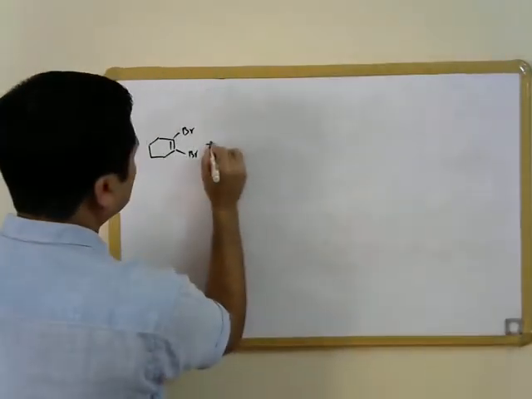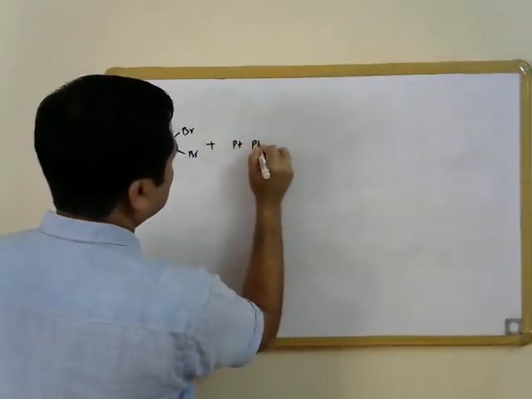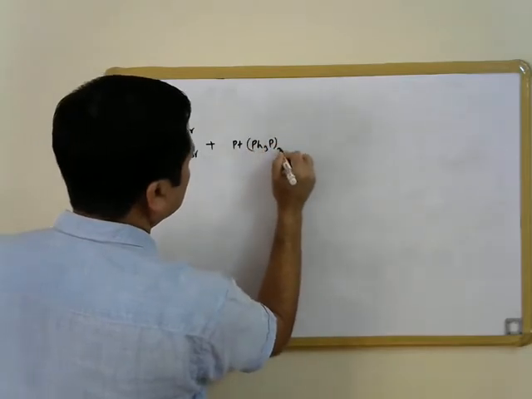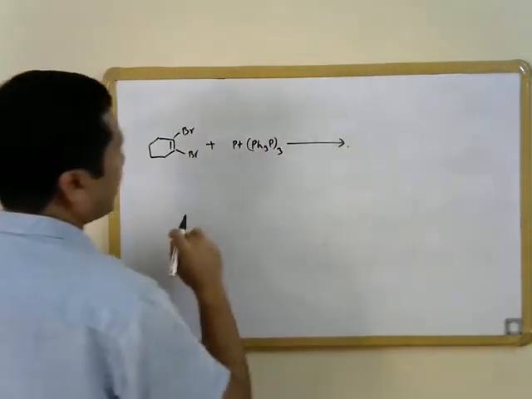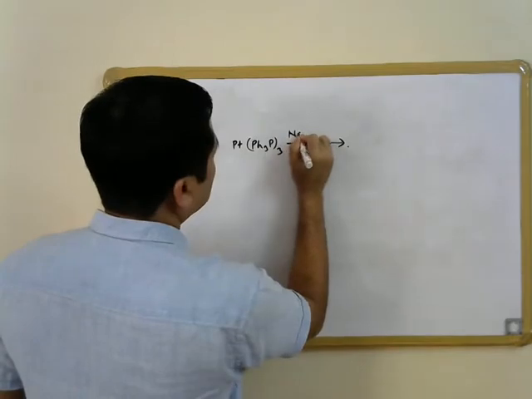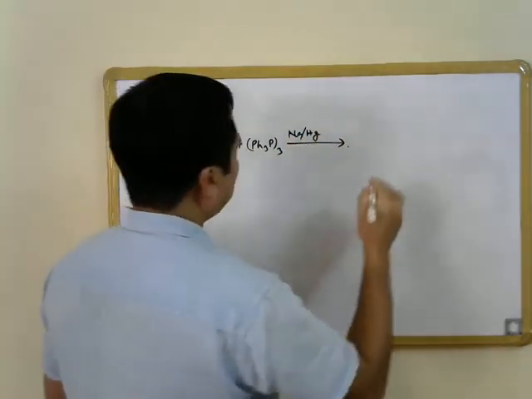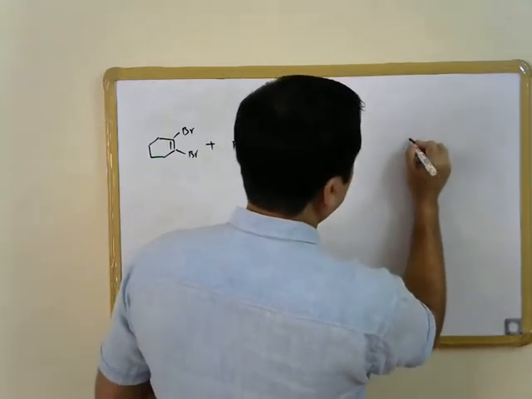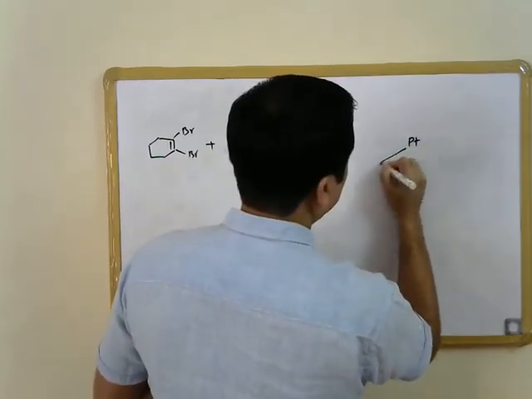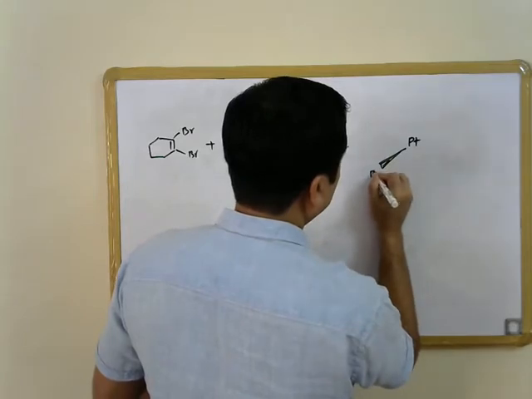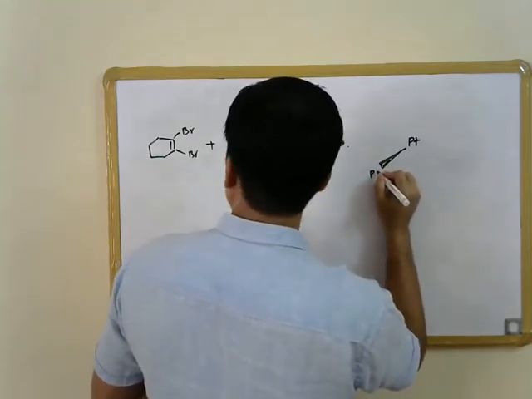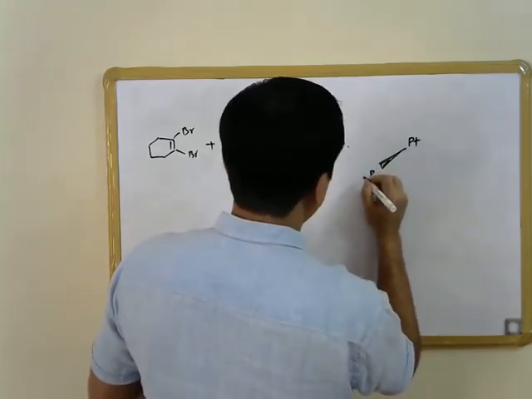That is, when it is reacted with this triphenyl phosphine platinum complex in the presence of sodium amalgam, these bromines are replaced by PPh3.